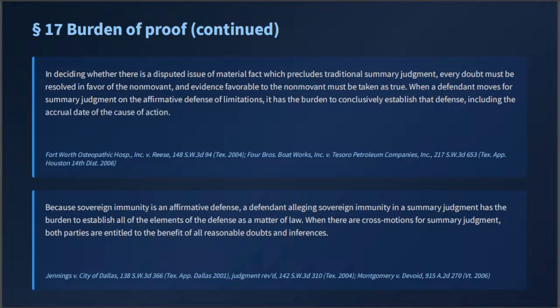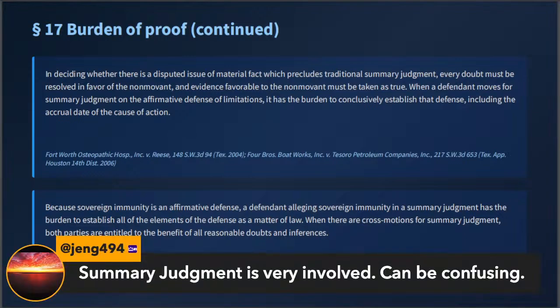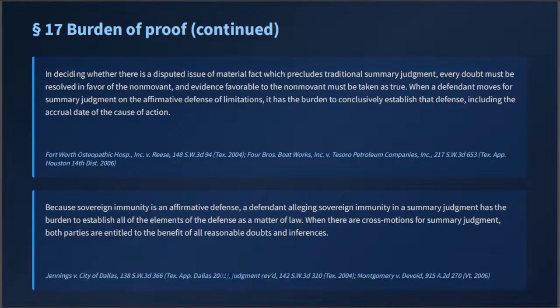All right, so now we're on to Jennings versus the City of Dallas, Texas Appellate. It says summary judgment is very involved and can be confusing. Indeed, it can be confusing, but it's a lot less confusing than a trial. So think of it that way.